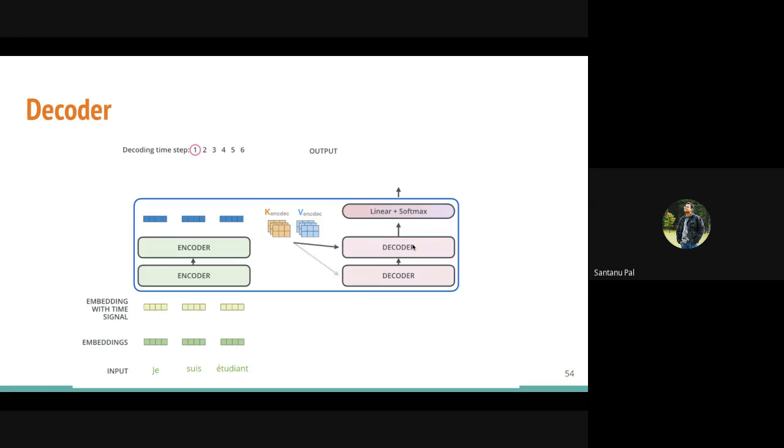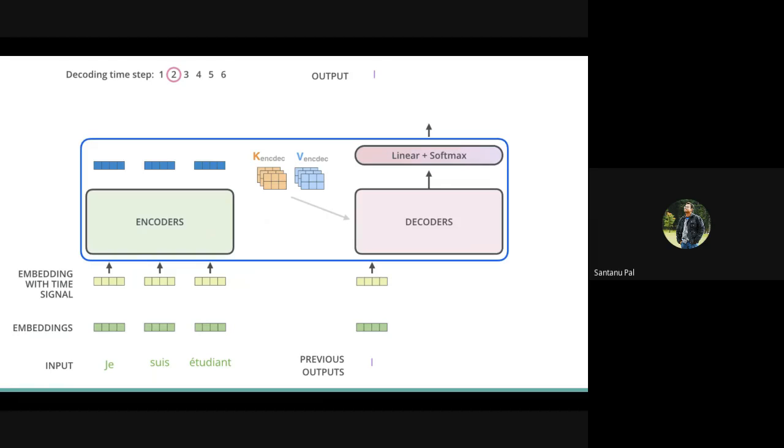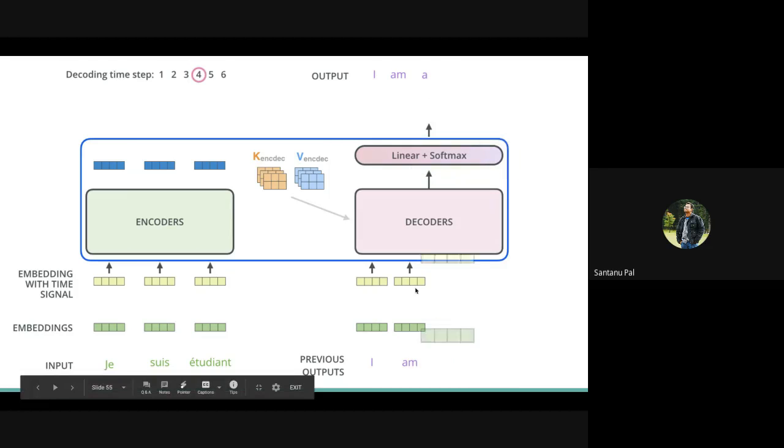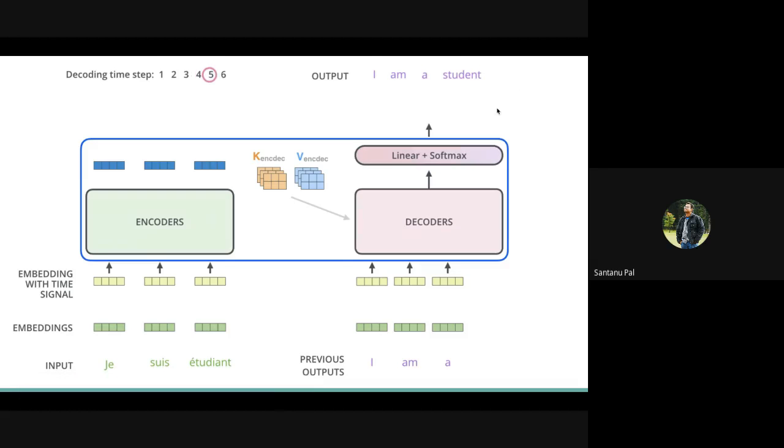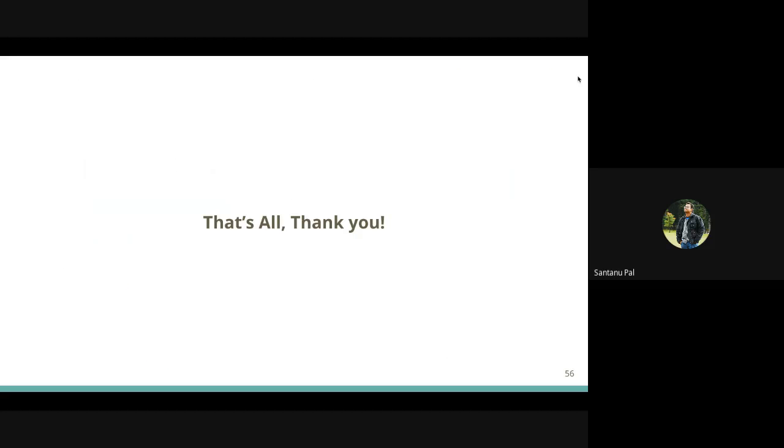It is exactly the same as self attention, but the query is coming from the decoder. So this is the entire process of how it is working. If you see from the first step to the second step, how it is generating the output, how it is training, and then after time step 6, it will end the sentence, and that's all.